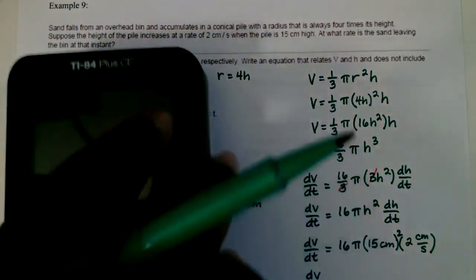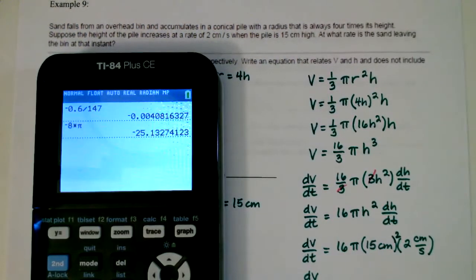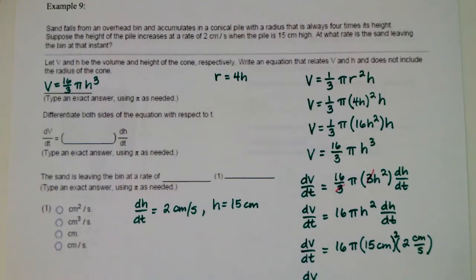Okay, so what I'm going to do here is, I'll show this on the calculator. 16 times 15, and that's got to be squared, so I use x squared, times 2. That would be 7,200. Now I'm going to bring over the pi.